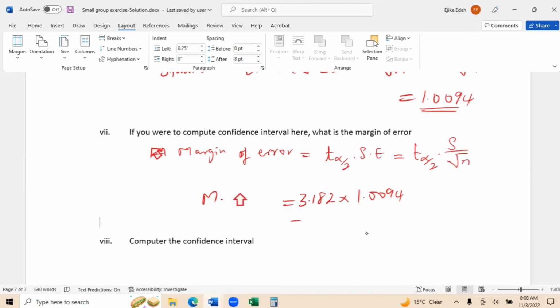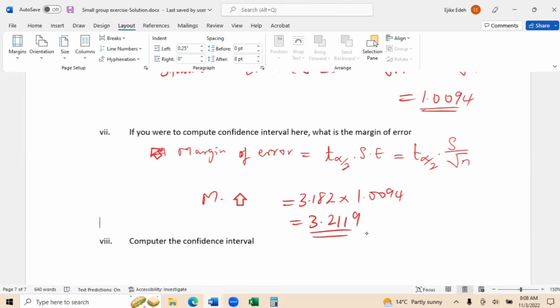So let's multiply these two very quickly. 3.182 times 1.0094 gives us 3.2119, to 4 digits.